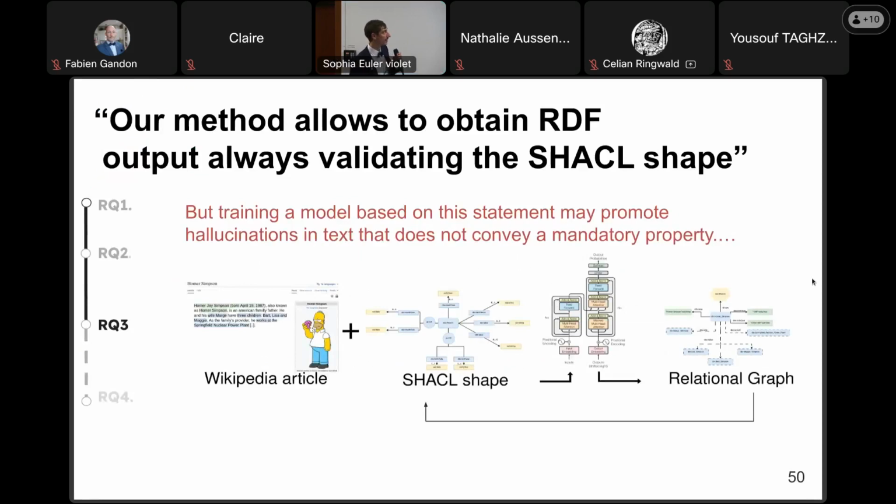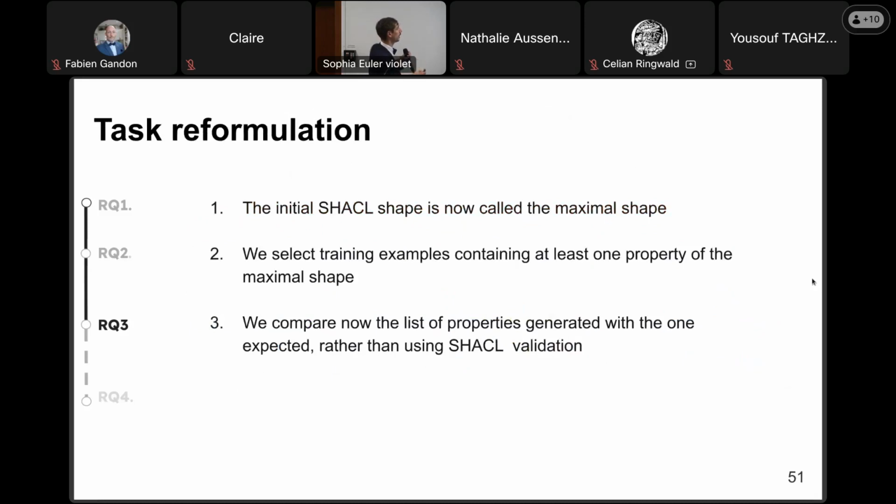In my slide two slides ago, I told you that our method allows us to obtain RDF output always validating the SHACL shape. But training a model on such statements may promote hallucination in text that does not convey a mandatory property. If we oblige our model to extract the complete shape, we can oblige the model to generate predicates where no information is expressed by the text.